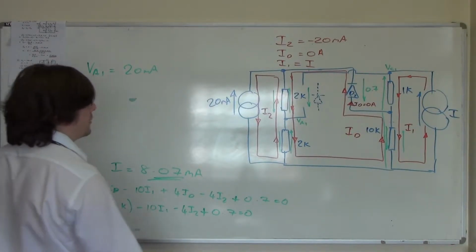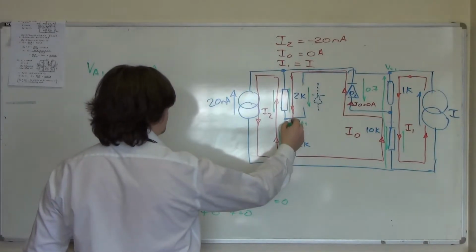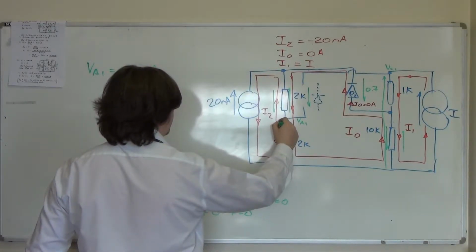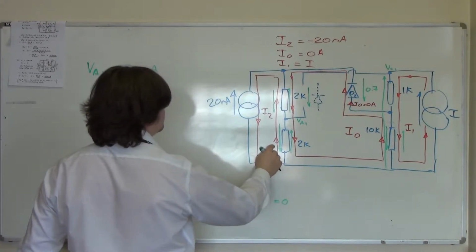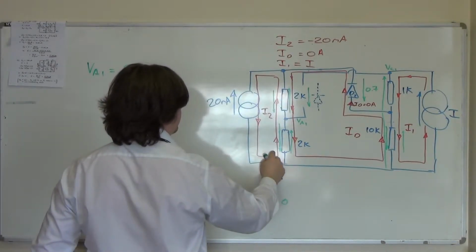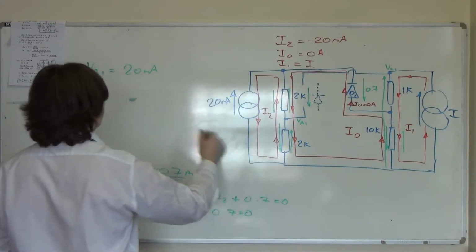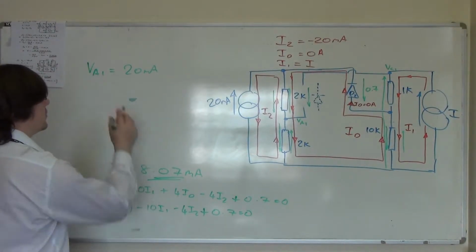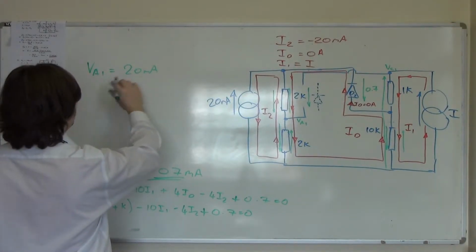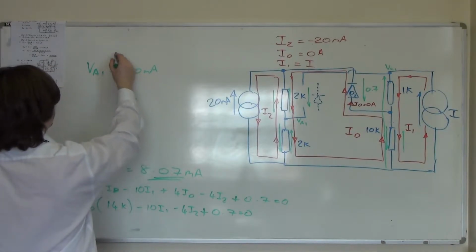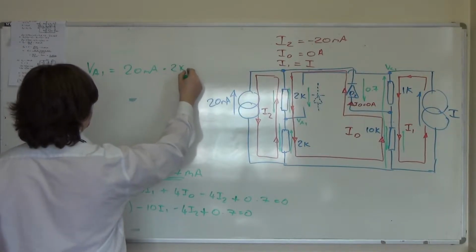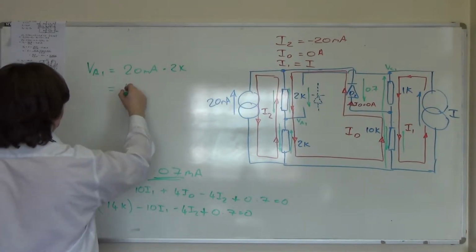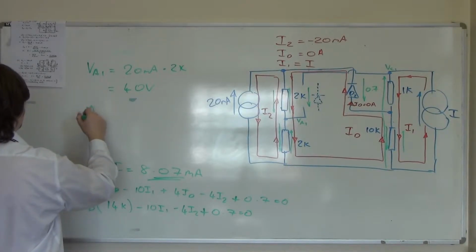It's not minus 20 milliamps in this situation, because this is the voltage arrow due to I2, but I2 is negative anyway, so we'll end up with minus minus. So that's why there's no minus there, because we've got two of them. So they're taken away. If you wanted to, you could write it out as minus minus, but I'm not going to. Times 2K, which is 40 volts, and you've got VC1.